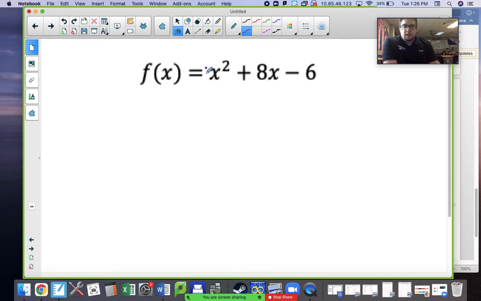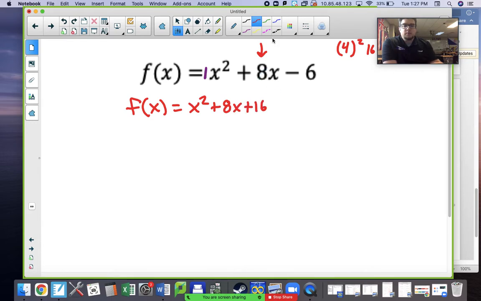So the first thing we're going to check is to make sure that our a value right here is 1, which it is. Since it's 1, we then look at our middle term b, and we're going to take half of it. So half of b is 4. We're going to square it and get 16. By adding that 16 to our equation right here, plus 16, we actually create a trinomial that's factorable.